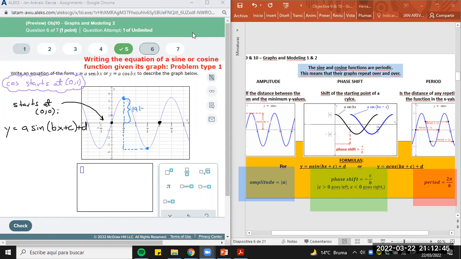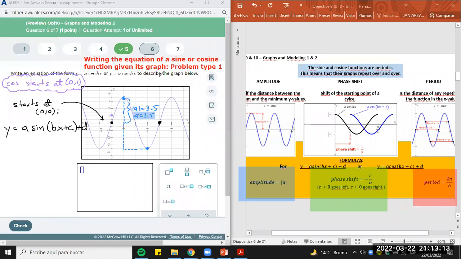So the amplitude is the absolute value of a, and in this case it is 3, right? No, it is not 3. It is 3.5. Right. That means that a equals 3.5. So we have our first number, 3.5.